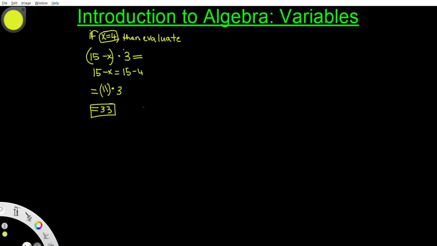That's basically how you do it. And let me give you another problem here, so you can try it out by yourself. So we have the same 15 minus x, which are in parentheses, multiplied by 3.